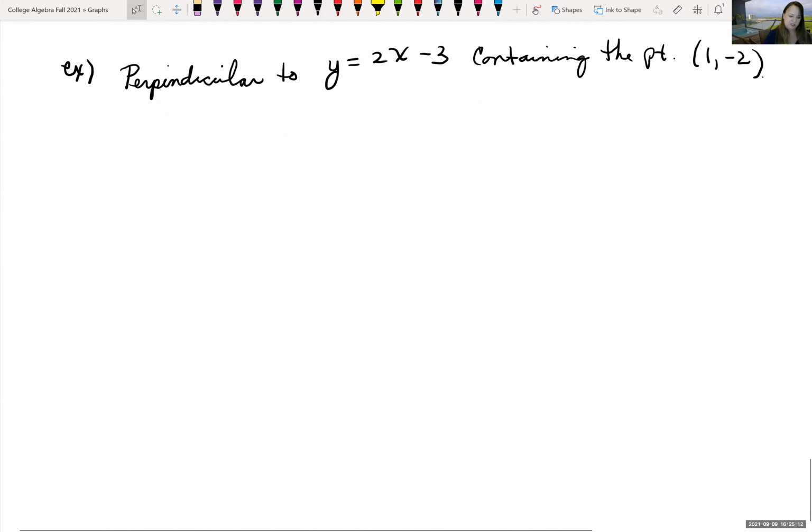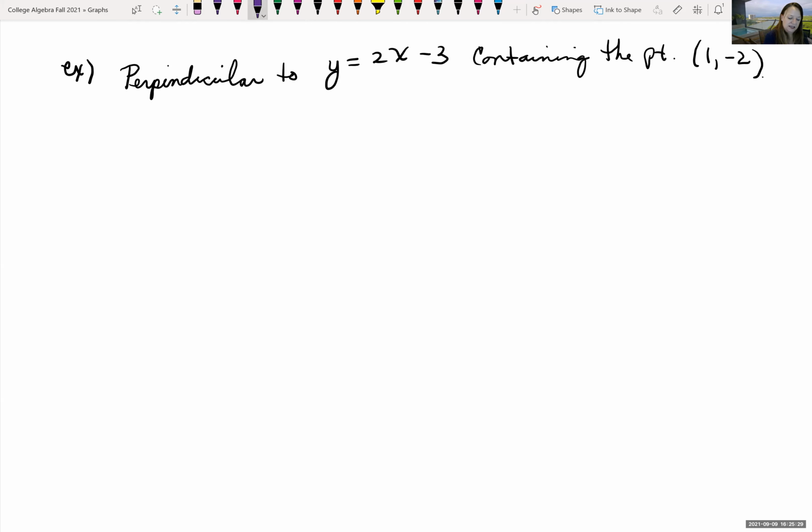Again, we're finding the equation of the line. So we have a point, we need the slope, but we have the equation it's perpendicular to, and we know that perpendicular lines have slopes that are negative reciprocals of one another.